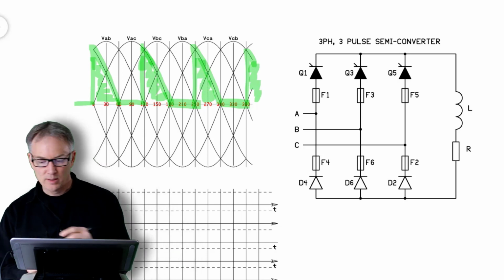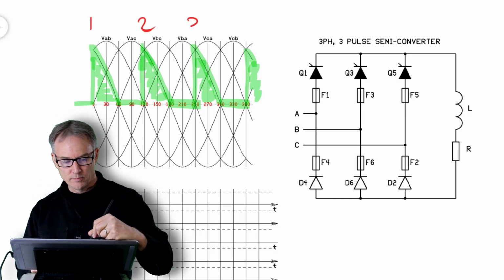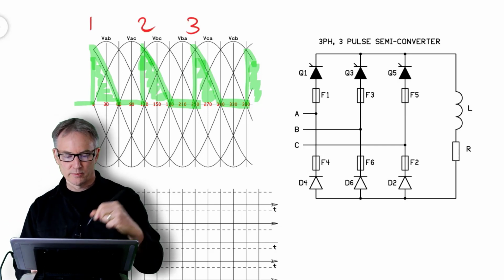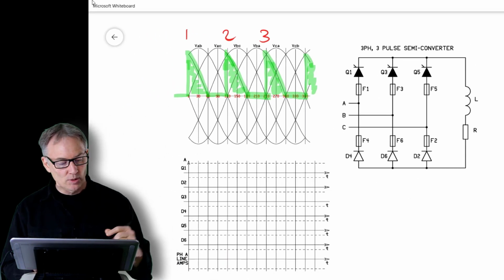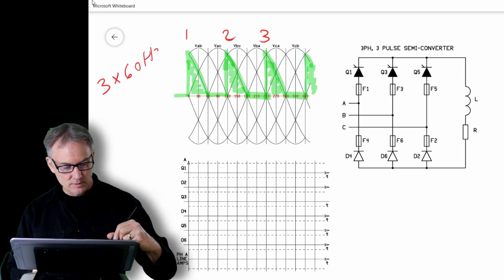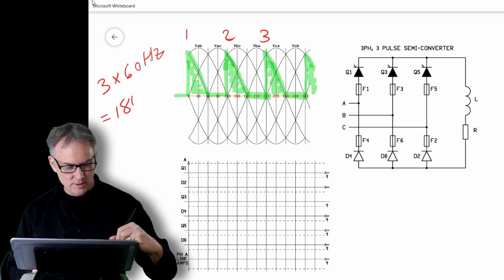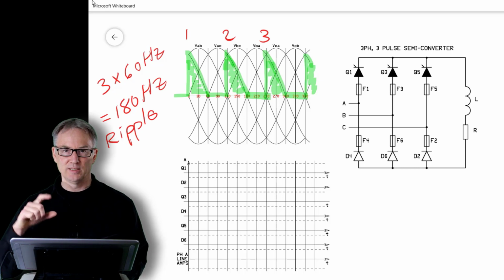Now the other thing I want to point out to you is we've got 1, 2, 3, and then we start all over again. Okay, so you've got 3 pulses per cycle. That means you've got 3 times 60 hertz equals 180 hertz ripple, and that's what you're putting across the DC output.